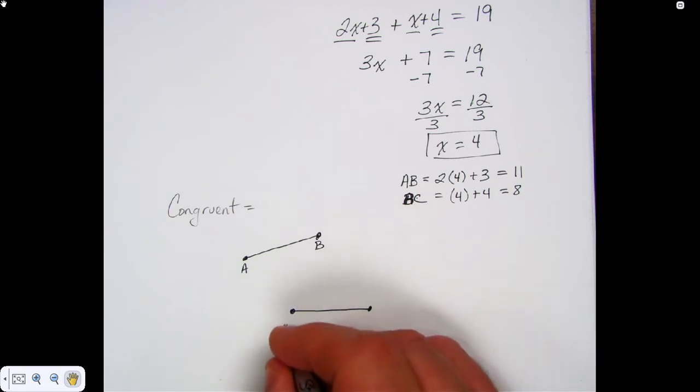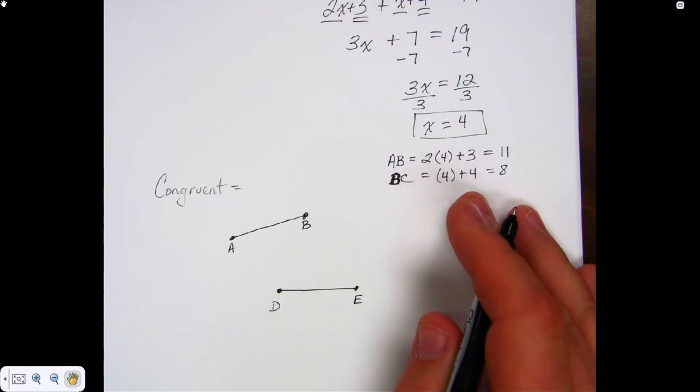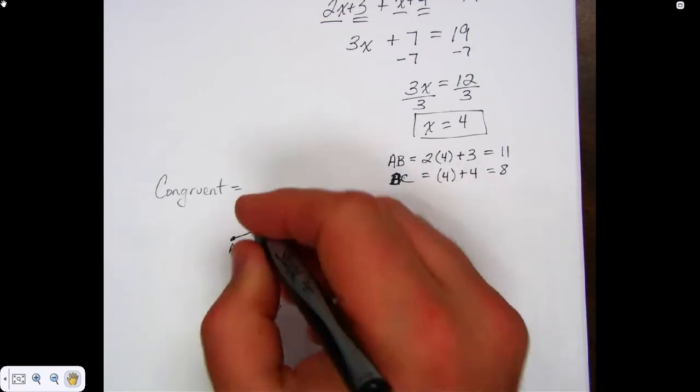What am I saying with that 10? What am I representing? The distance from A to B and the distance from D to E, correct?